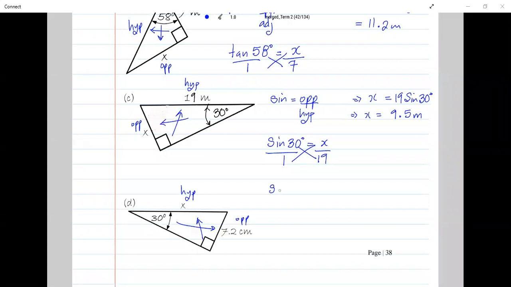So sine is equal to opposite over hypotenuse. And again, the more I write that statement, the more I'm likely to remember it. Then I'm going to say the sine of the angle, which is 30 degrees, is opposite, which is 7.2 over the hypotenuse, which is x.